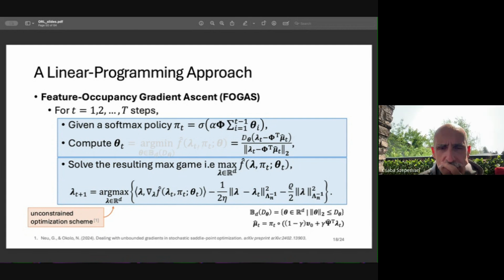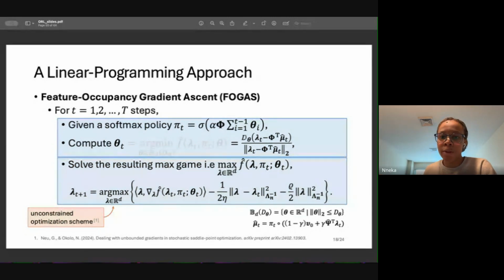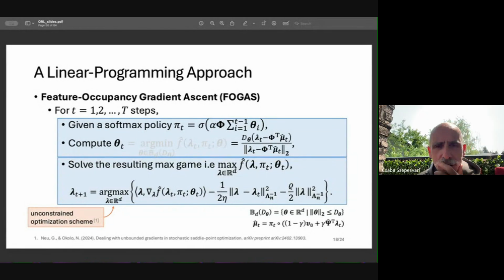Okay, so that's a real number. Yeah, basically 1/(1 minus gamma). So somehow this is the relevant part of the objective, and then you just take the vector, that gives you the direction, and normalize it, and that's your next theta.